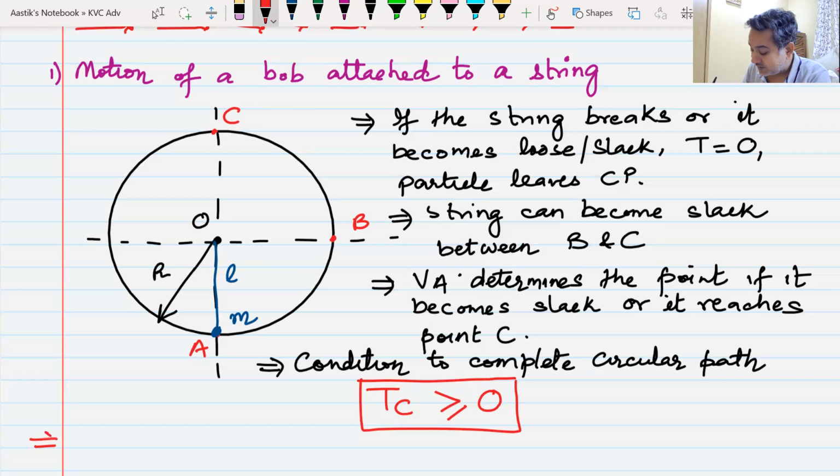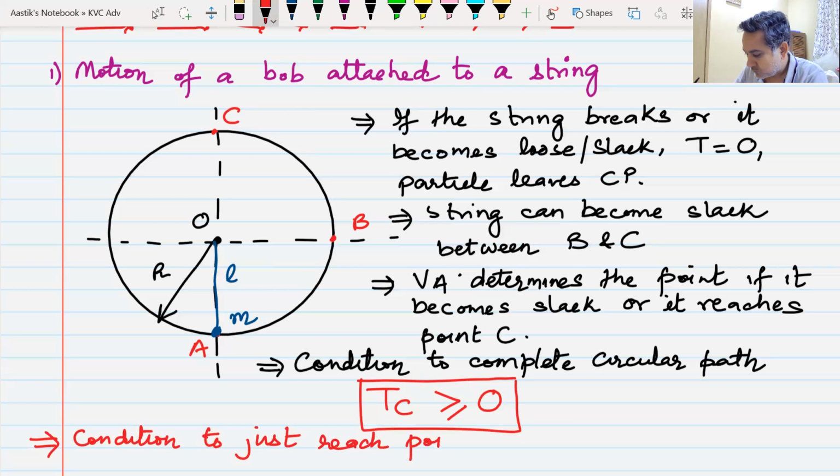So now I can write this in this way. Condition to just complete or just reach point C: the condition to just reach point C will be tension at C becoming equal to 0.